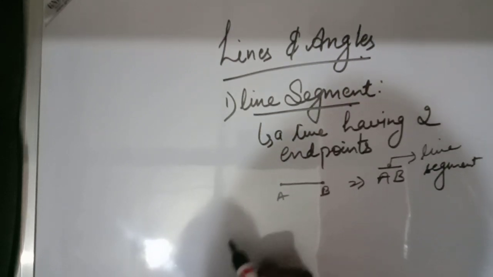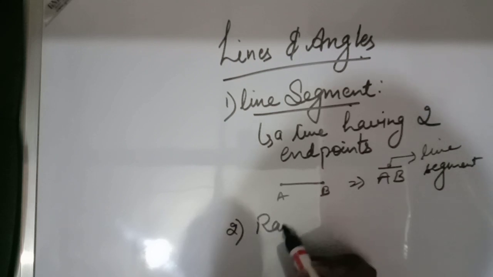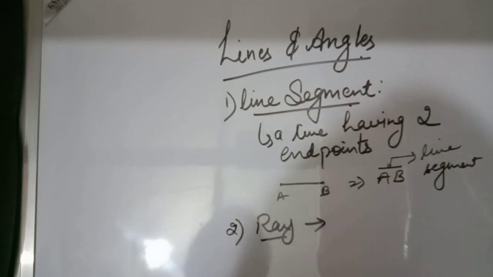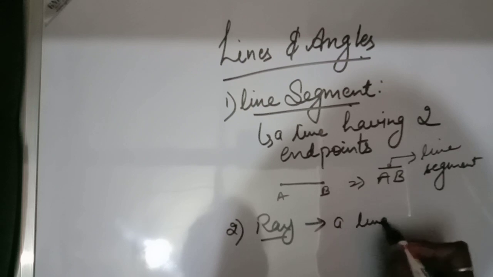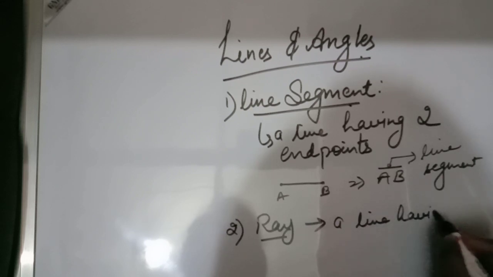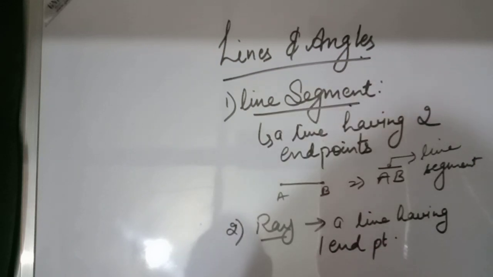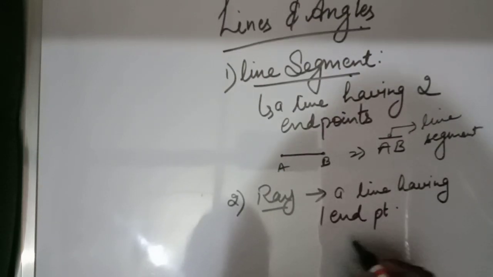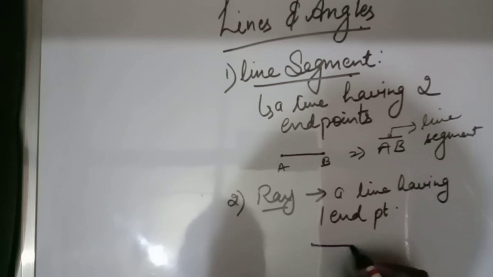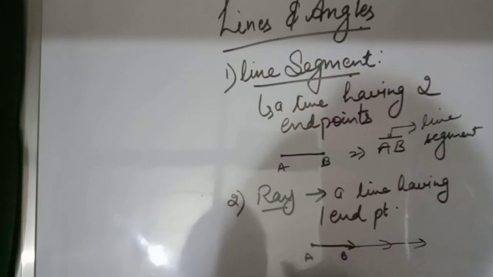Now the second term is ray. A line having one endpoint is called a ray. For example, if we consider this, it has only one endpoint and we can extend it to wherever we want from this point, but we can't extend it from here.